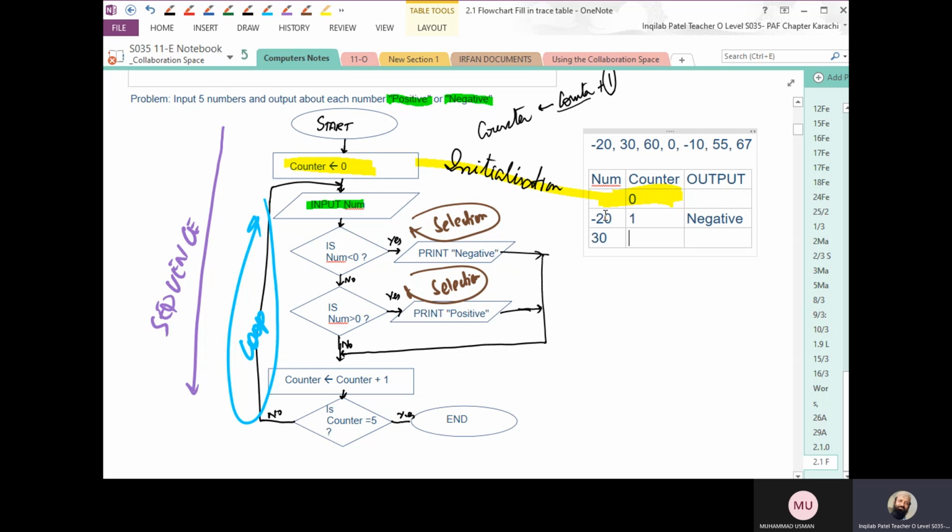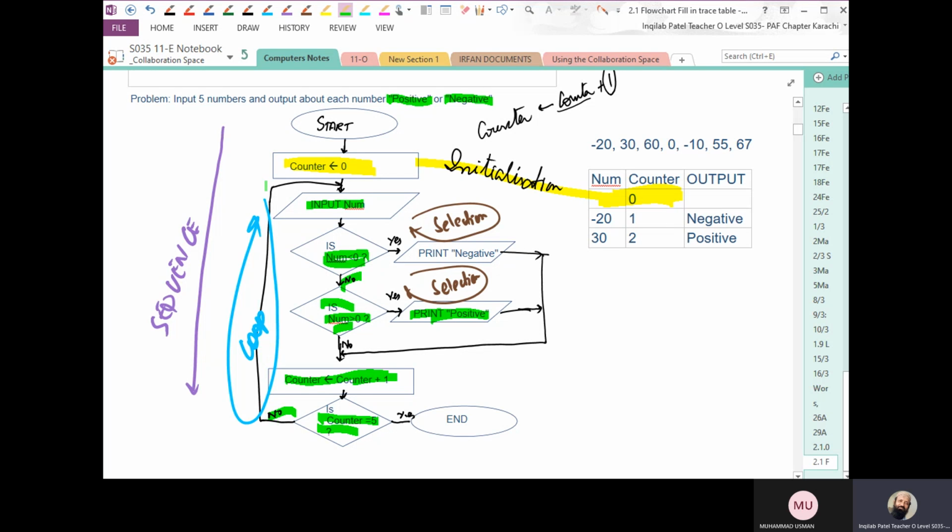Now we have input another number. This is 30. It says is num lesser than 0? No. Is num greater than 0? Yes. So it will print positive. Then it says increment the counter by 1. So it will be 2. Then is counter equals 5? No. Then it will ask to input another number. The next number will be 60.